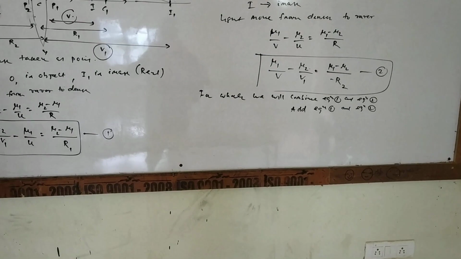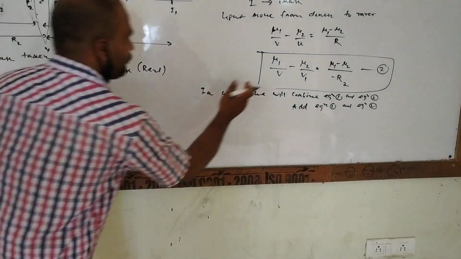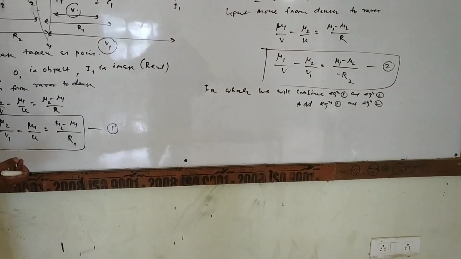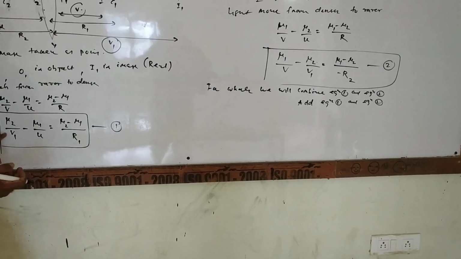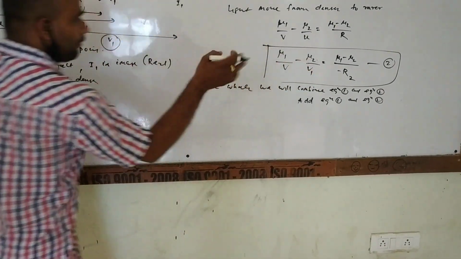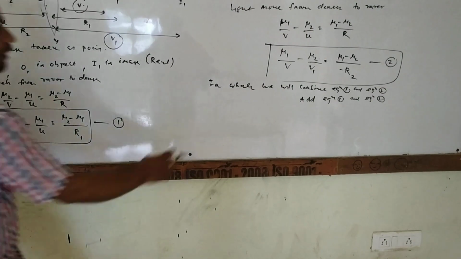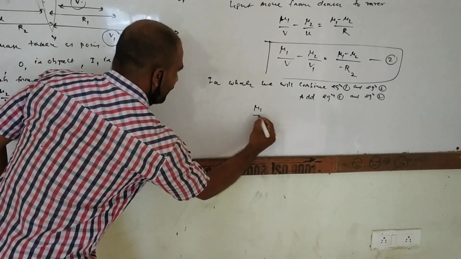You have to add LHS to LHS and RHS to RHS. Here we have mu2 by v1 and there minus mu2 by v1, so they cancel. We are left with mu1 by v minus mu1 by u on the left.